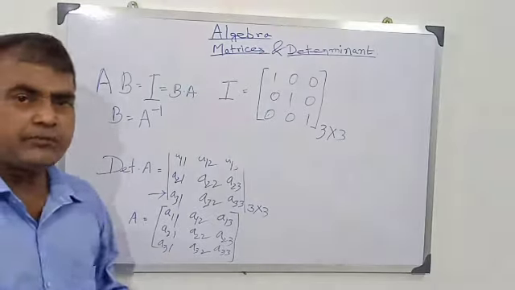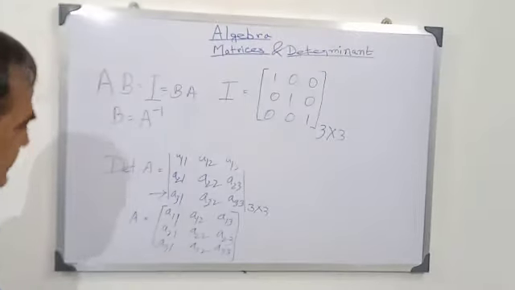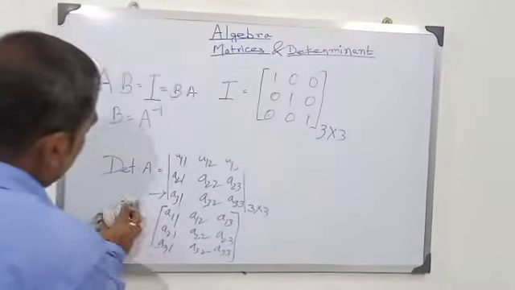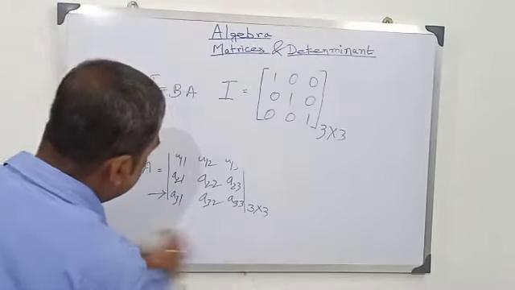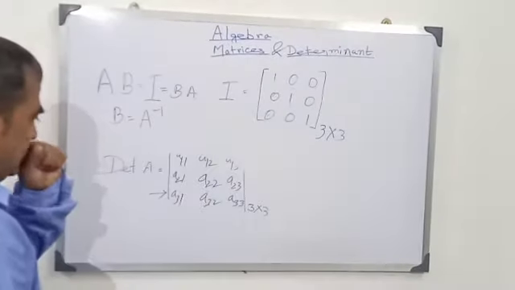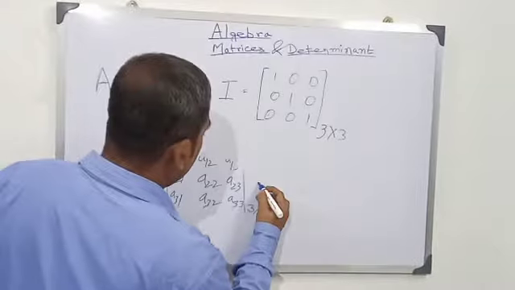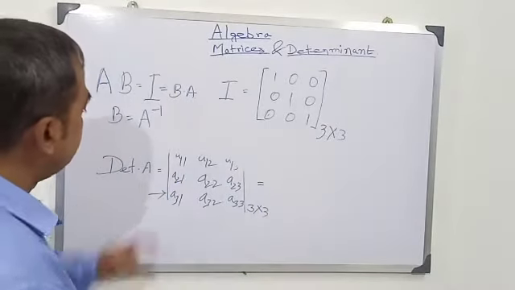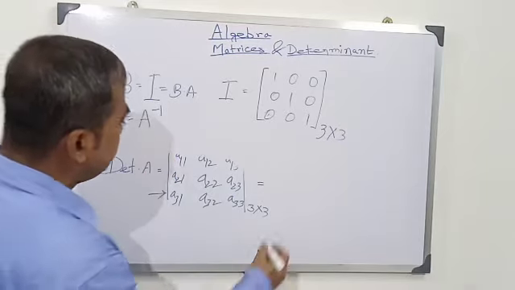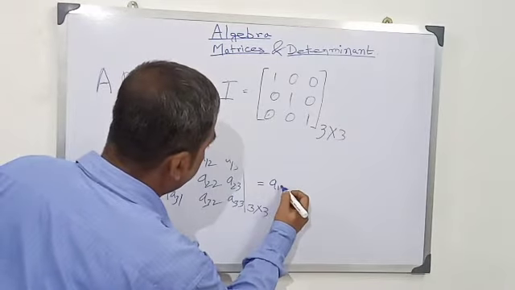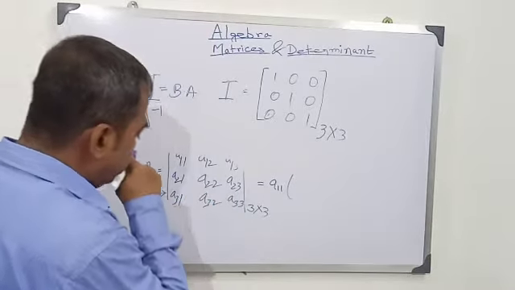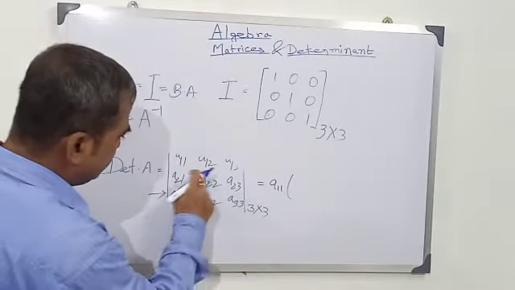Now, expansion of determinant, let us discuss. How do we expand this determinant? If we expand this, first we will write a11, and that will be multiplied with the cofactor determinant.